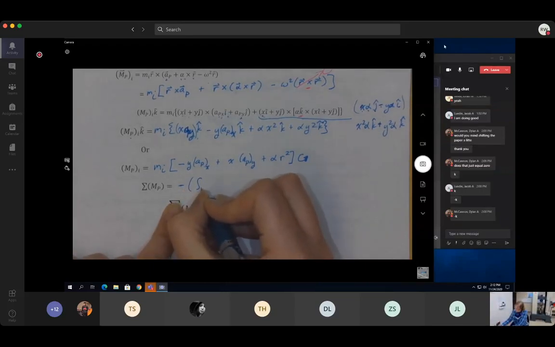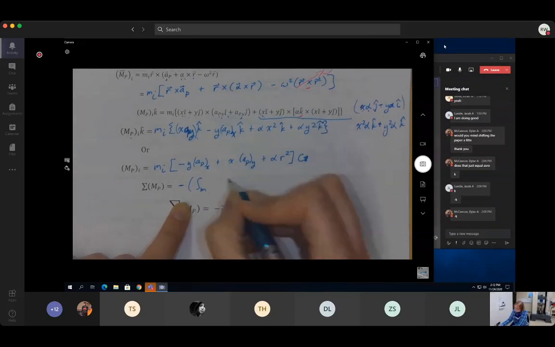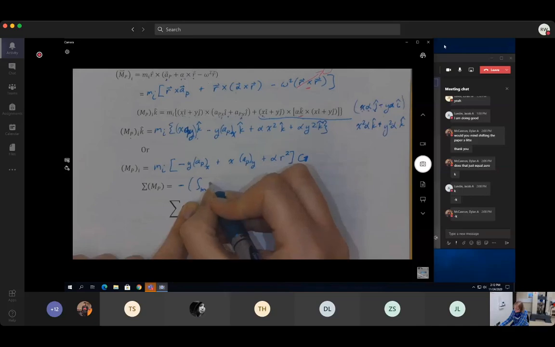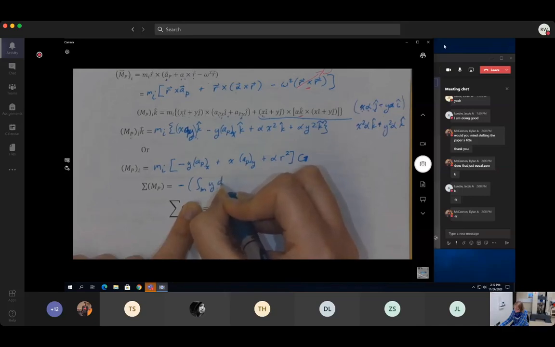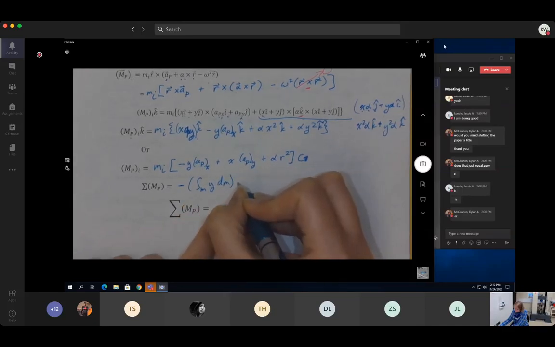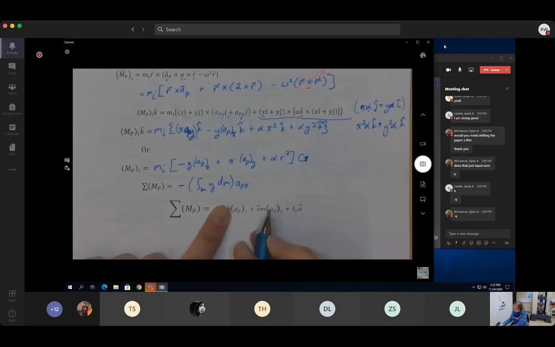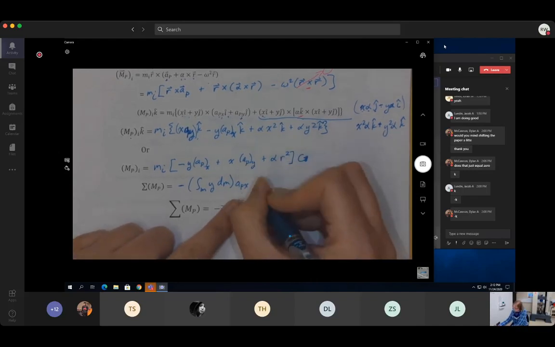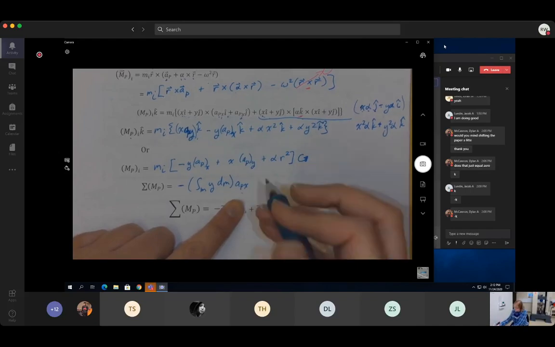And so if we do an integral over the mass, we have y dm a_Px. So our y position is going to change depending on where we're at. a_P is a constant relative to that, because everything is accelerating together.